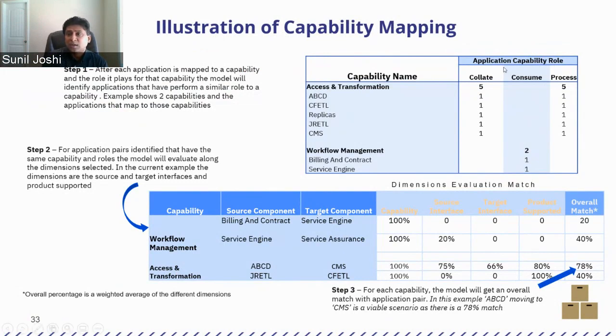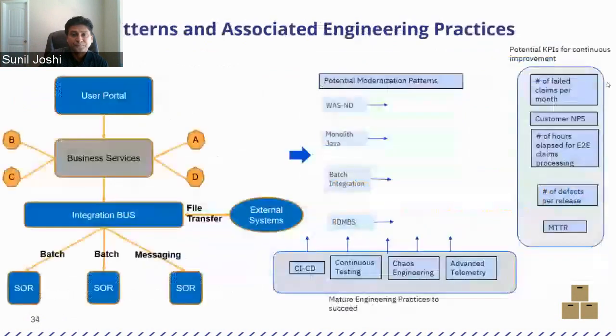Some of the roles that have been compared are collation of data, consumption of data, some sort of processing. This is all flexible depending on what we are trying to analyze. The net of this is analyzing the components for similarities and grouping, so I can consolidate and rationalize. That's the first step towards this.